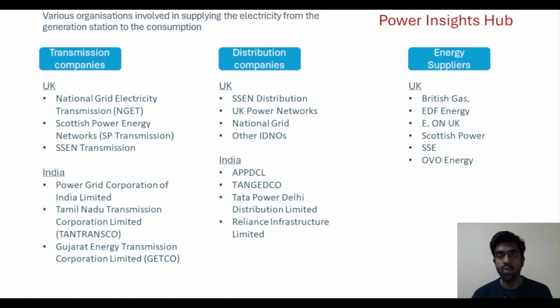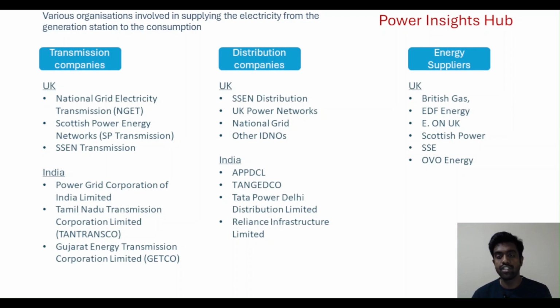Obviously they own the distribution infrastructure, and they do the operation and management of this infrastructure, right? And now we are moving to a special part called energy suppliers. I have not listed any energy suppliers in India, because there are no energy suppliers in India.